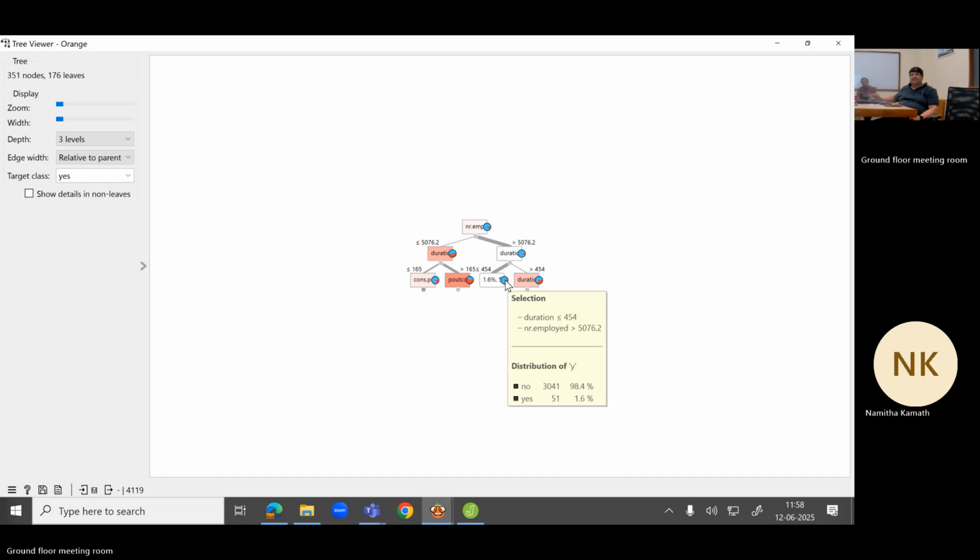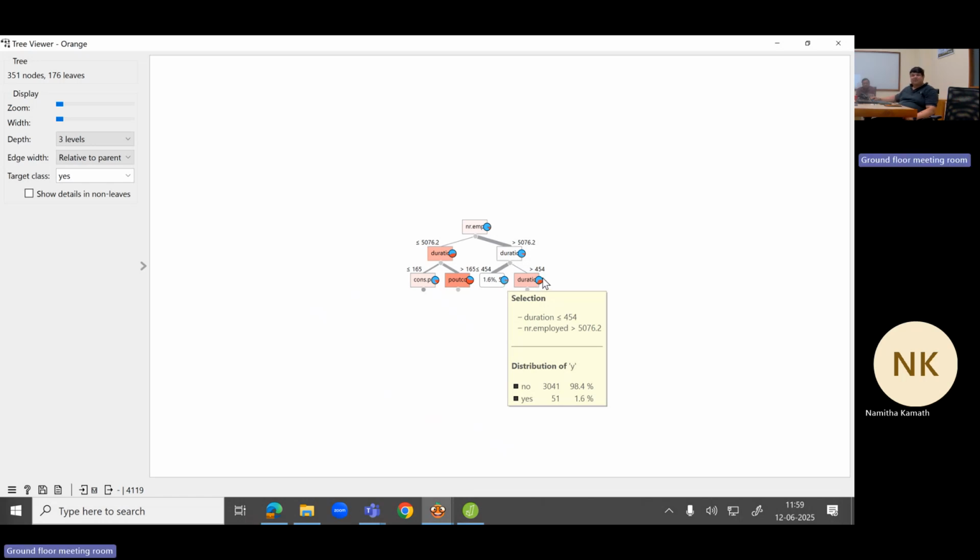Here, it is saying that if the duration is less than 454, that means those who are greater than 5076 in NR employed, and duration less than 454 seconds, then 51 people have taken altogether.